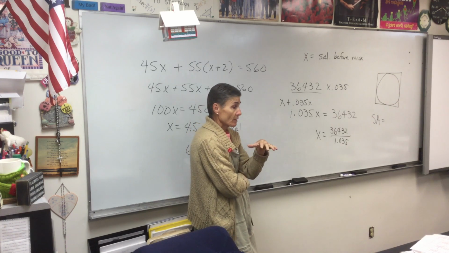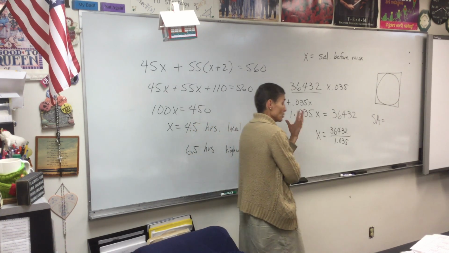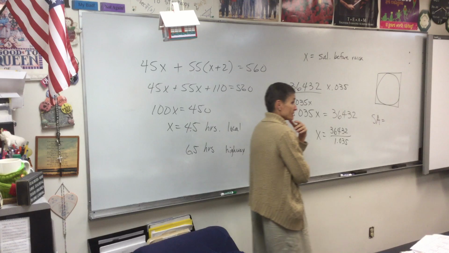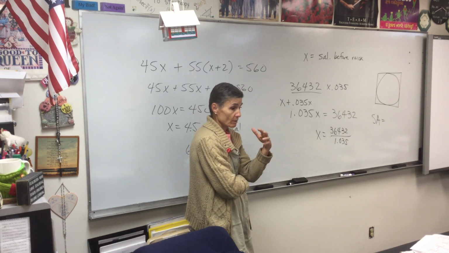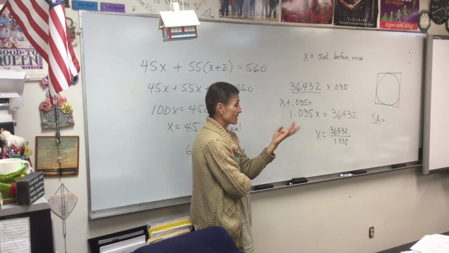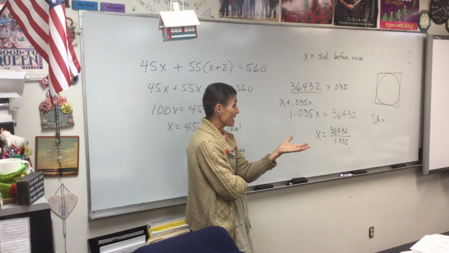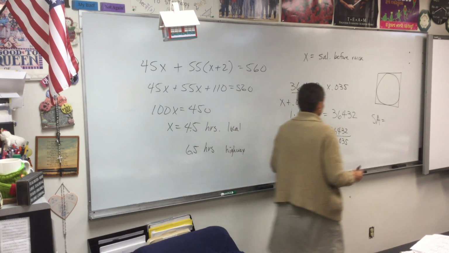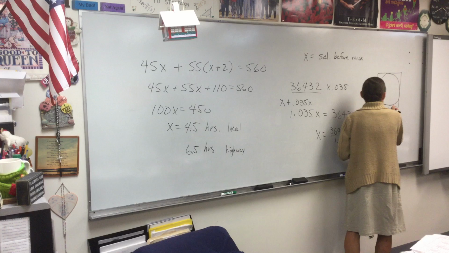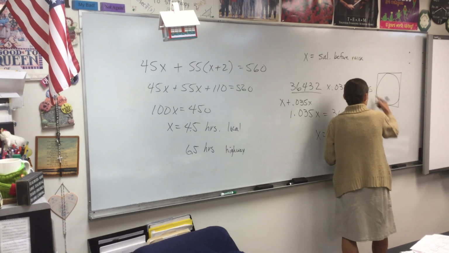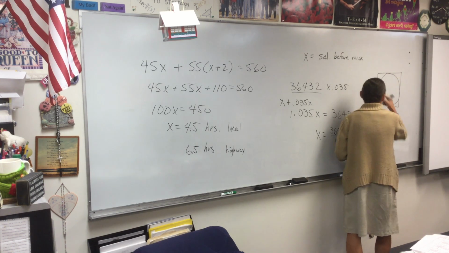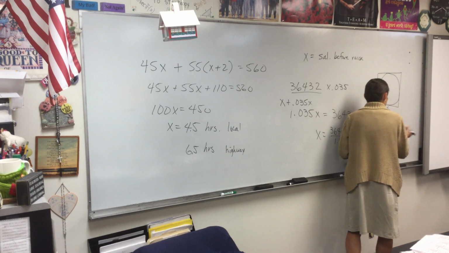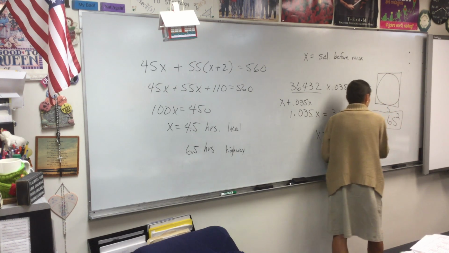How many sides does a cube have? 6. What do we know about those 6 faces? They are all the same. If this is a side, the area of one side would be s squared, so 6s squared would be the surface area.